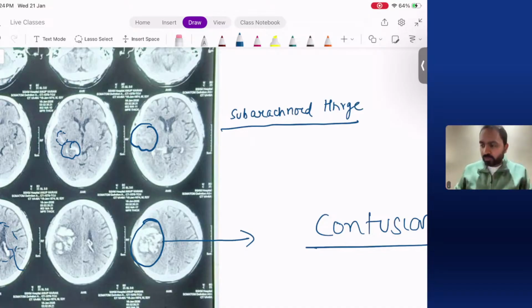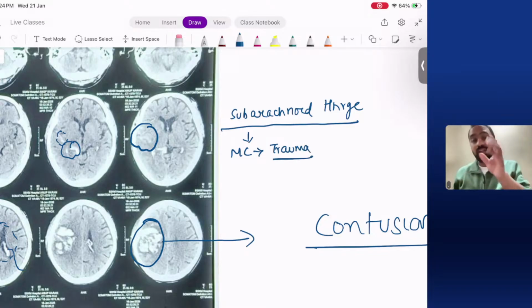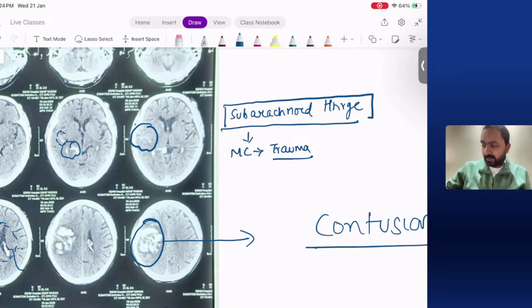But I want you all to remember the most common cause of subarachnoid hemorrhage is actually trauma. When you talk about aneurysm, that is the most common cause of spontaneous subarachnoid hemorrhage, right? So this is another important finding in your CT scan, that is subarachnoid hemorrhage.